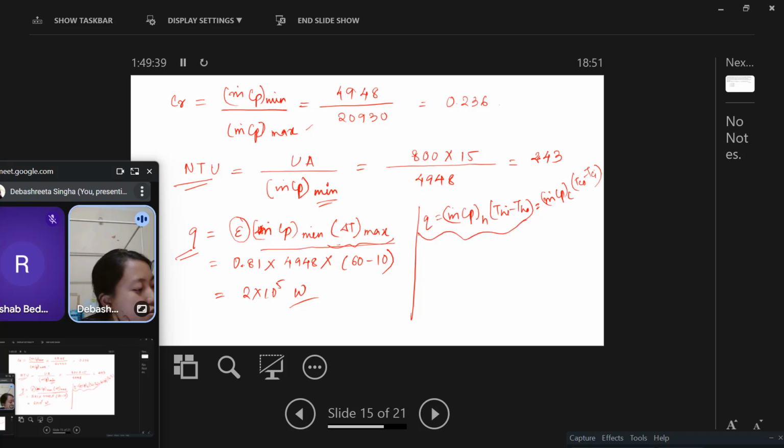We equate this once to calculate TH naught, and once to calculate TC naught. You got it, right? TH naught we get is 19.6 degrees Celsius, and TC naught also we get 19.6 degrees Celsius. So both the outlet temperatures become the same.